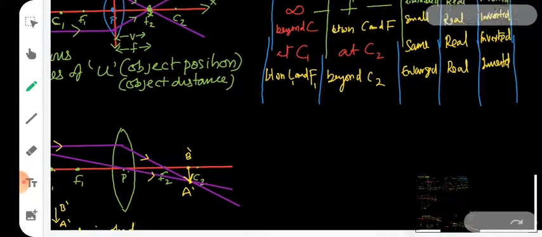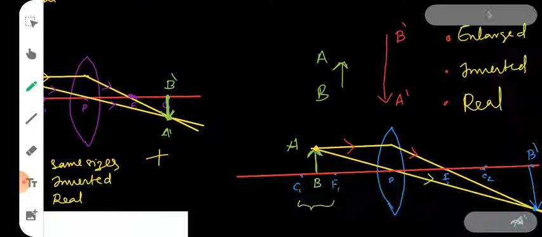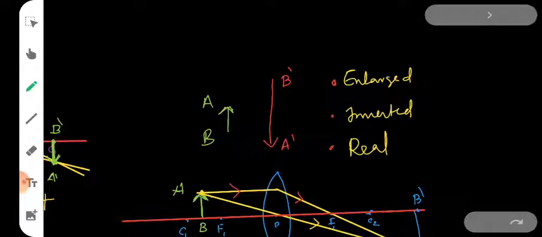Nothing else. Now we are going to move ahead and place the object at a few more different locations. But I will just roughly tell you what happens to an object placed at focus. When an object is placed at focus, all of it is not on the principal focus, only the part of the object which intersects with the principal axis.